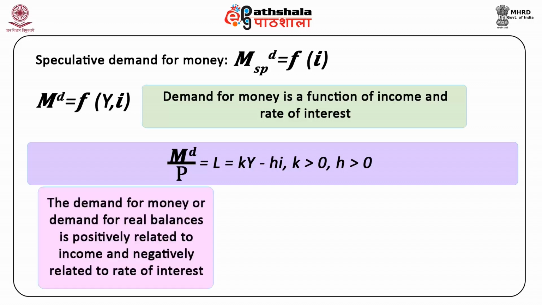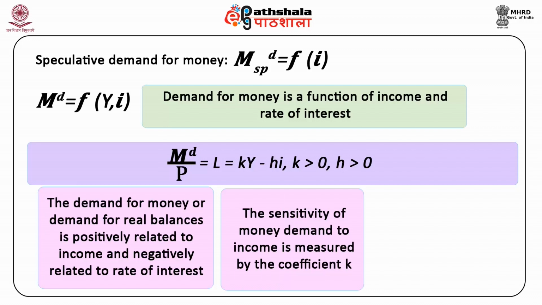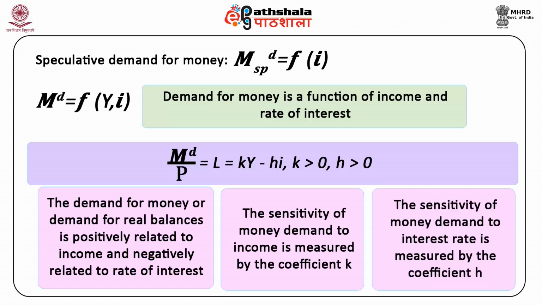The demand for money or demand for real balances is positively related to income and negatively related to rate of interest. The sensitivity of money demand to income is measured by the coefficient k, and the sensitivity of money demand to interest rate is measured by the coefficient h.